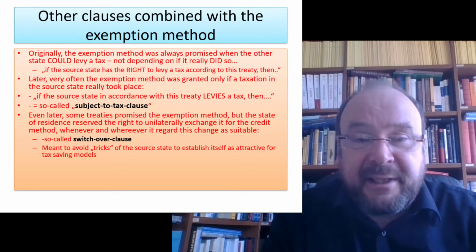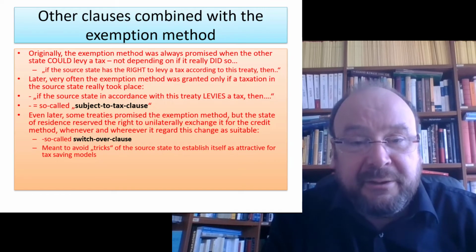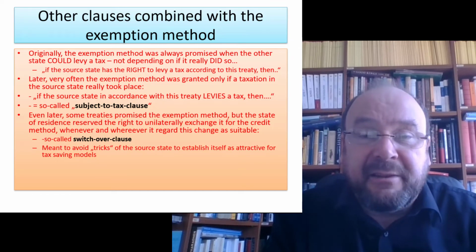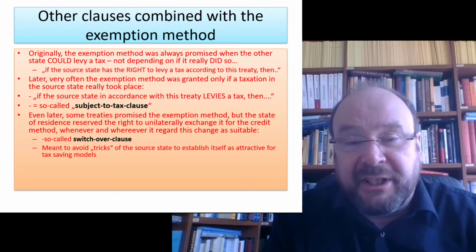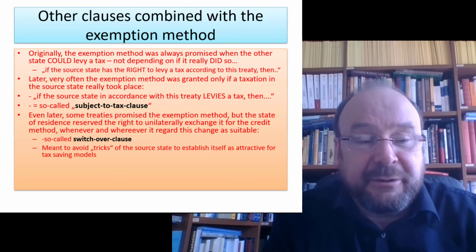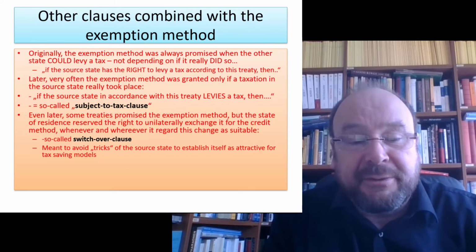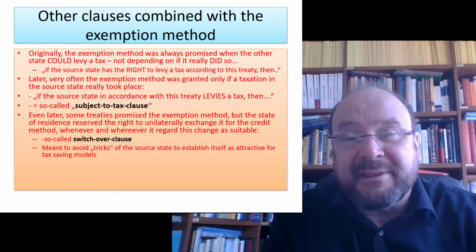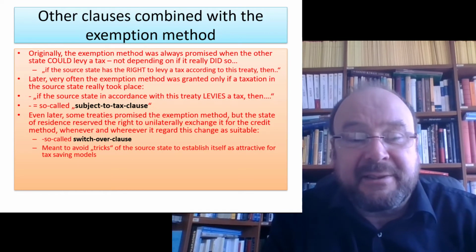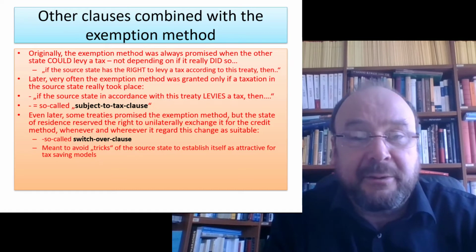Just if I send a notification letter to the other state, I make hereby use of my right to end the exemption and exchange it for the credit method with effect from the next 1st of January, then that counts. This is a so-called switch-over clause.